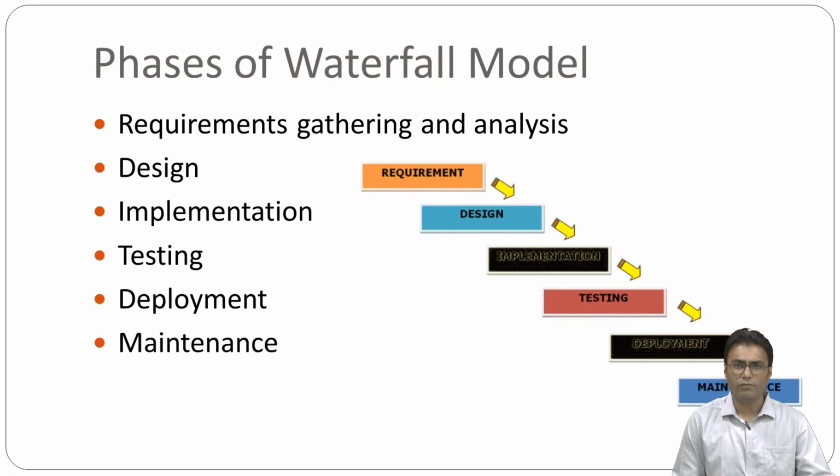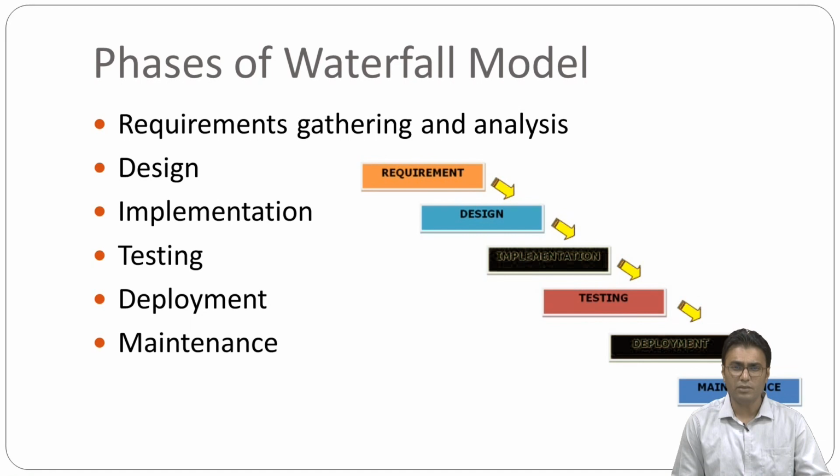If we talk about requirements gathering and analysis, this first phase involves gathering requirements from stakeholders and analyzing them to understand the scope and objectives of the project. Then design means once the requirements are understood, the design phase begins. Actually, this involves creating a detailed design document that outlines the software architecture, user interface and system components.